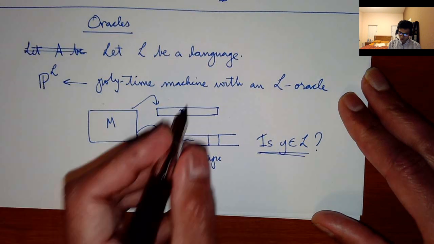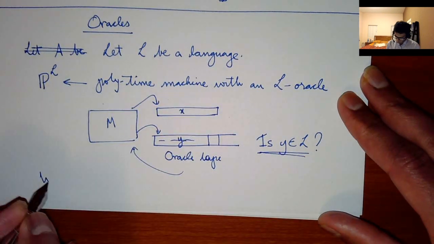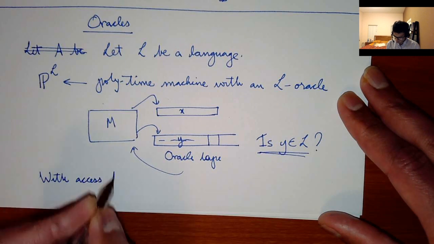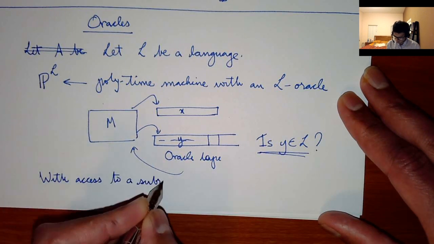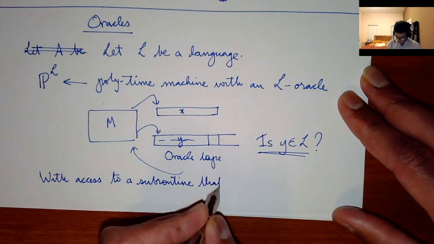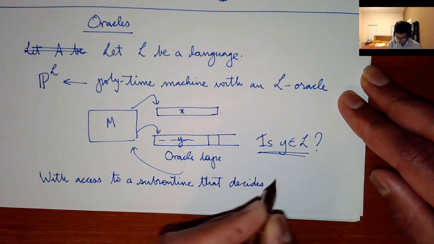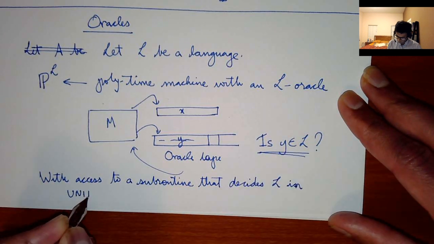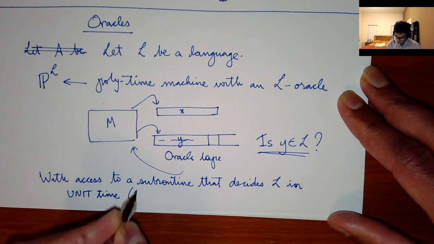So this is a machine with access to a subroutine that decides L, and here's the important one, in unit time. Meaning it does it in one time step.